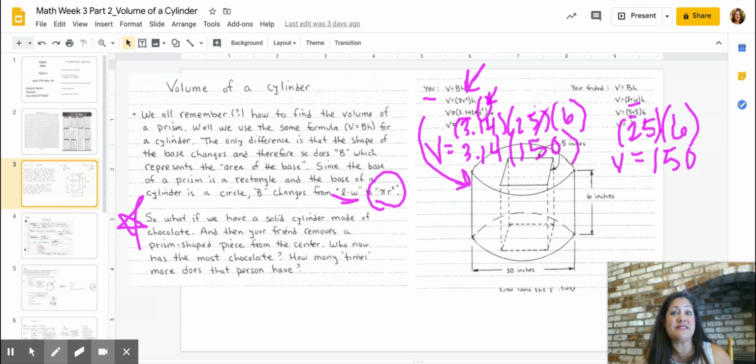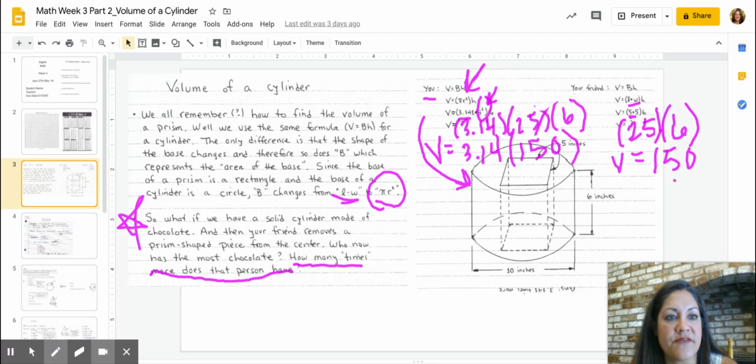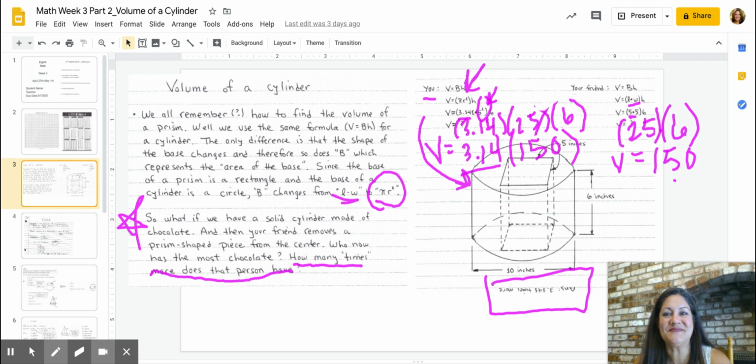That's where this problem stops, because the question is, how many times more does that person have, or do you have than that person? Well, they have 150 and you have 3.14 times that much. Okay? And here is the answer down here, upside down.